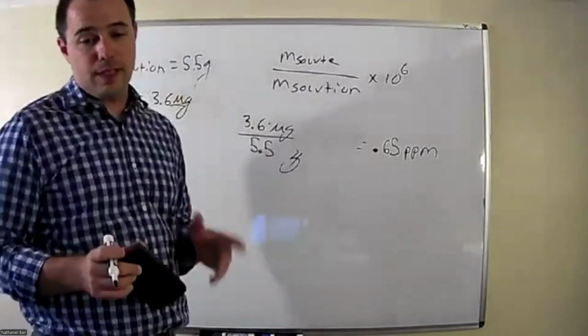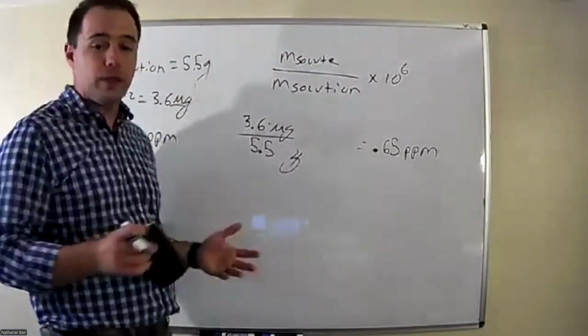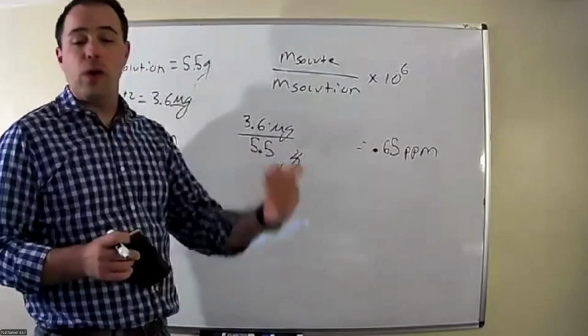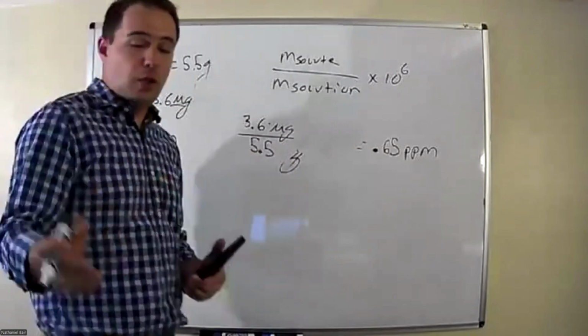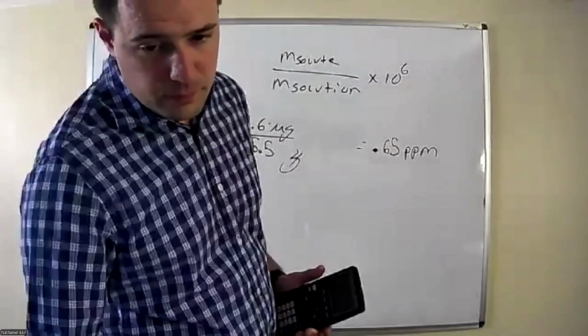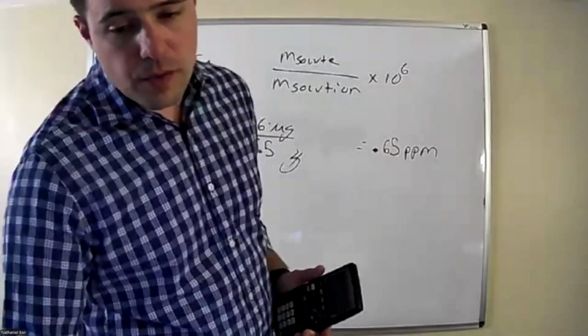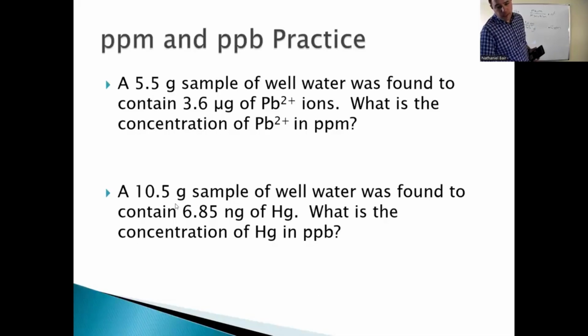A nanogram is a billionth of a gram, so it's already been multiplied by a billion. Let me show you that with the next one. If we take a look at this problem, you've got 10.5 grams of solution and 6.85 nanograms of mercury. What's the concentration in parts per billion? Well, you can take a shortcut here with this problem. Here's the shortcut we can take.